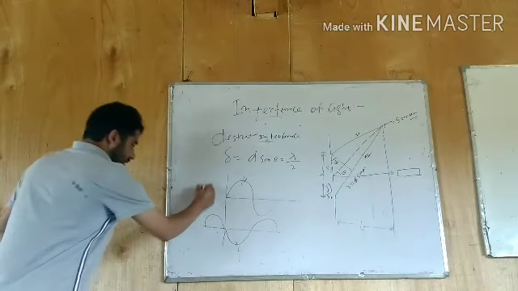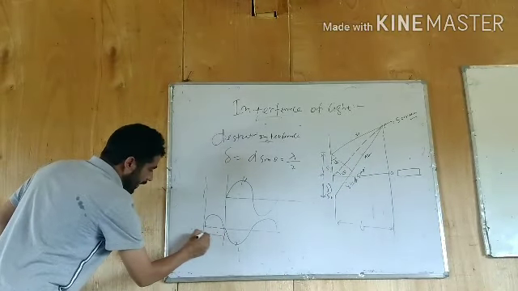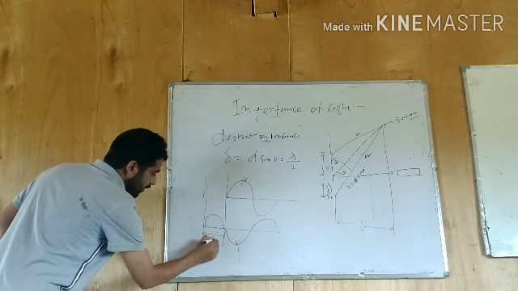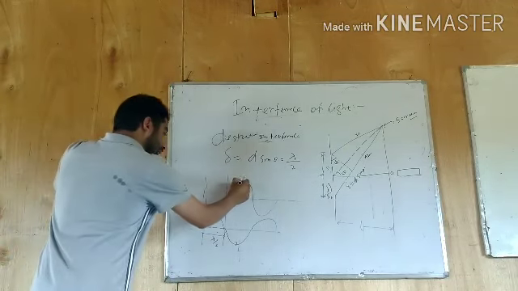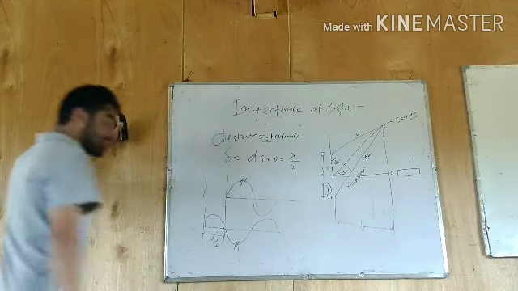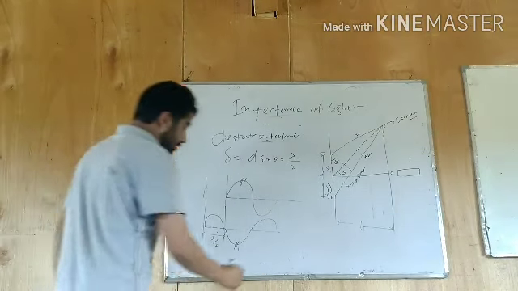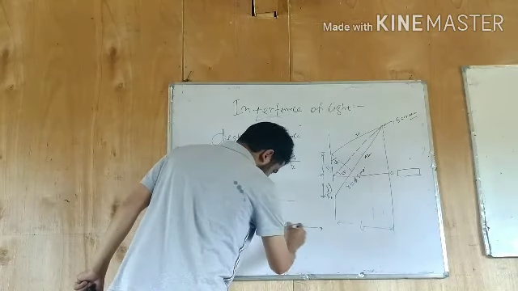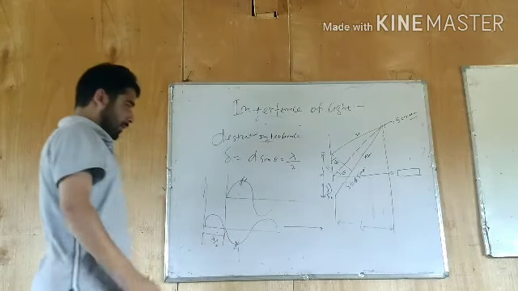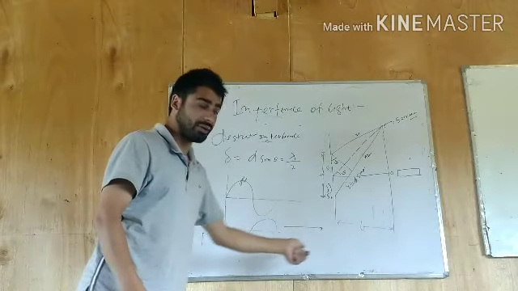See, if the path difference is of the order of lambda by 2, what happens in this case is that the crest of one wave falls over the trough of another wave. What results? Destructive interference. It means that the resultant wave has a magnitude in a very diminishing domain.